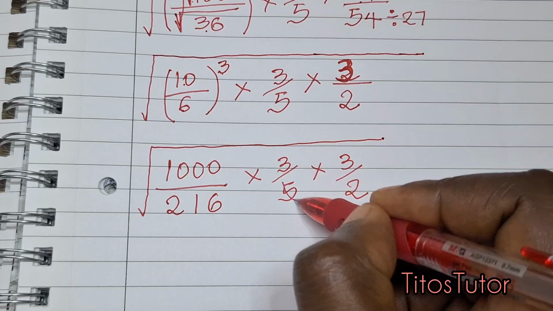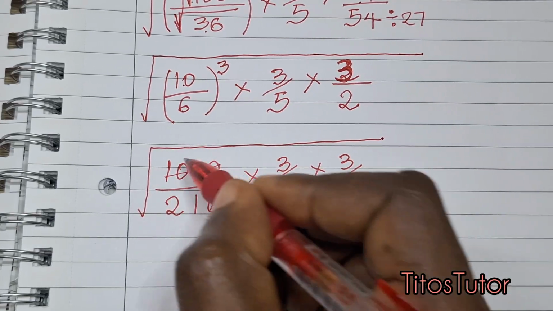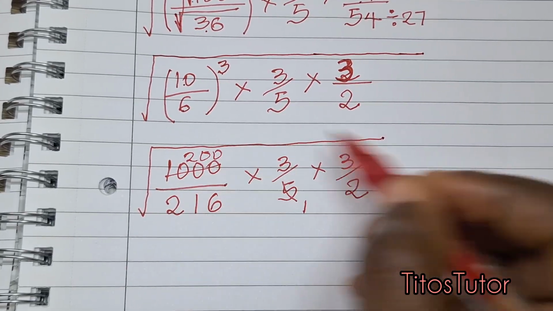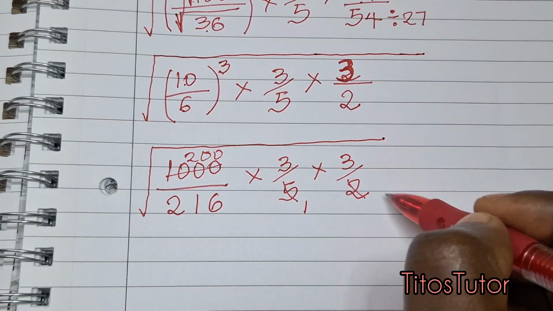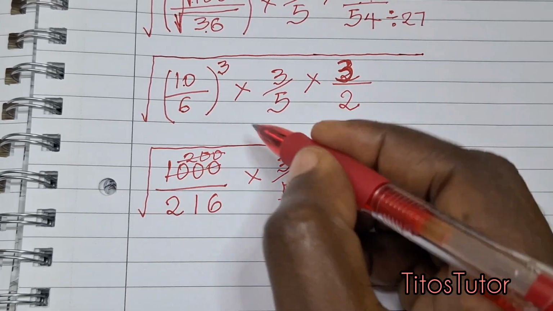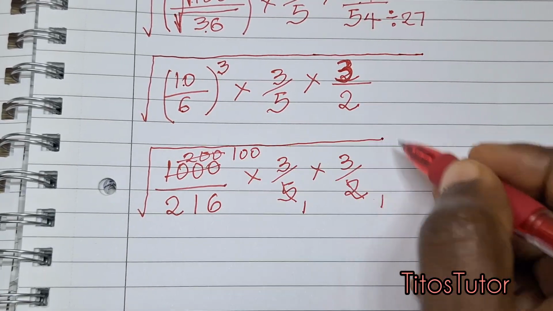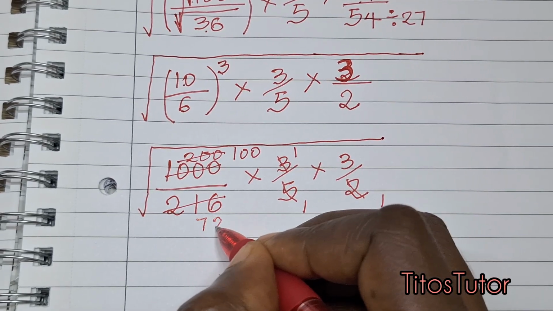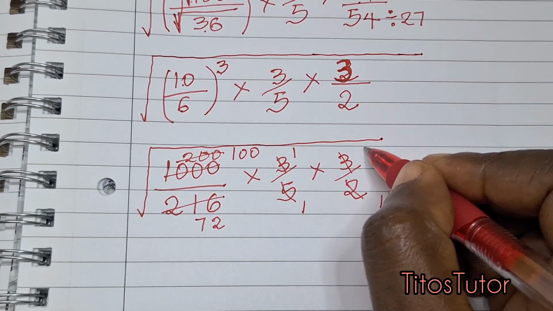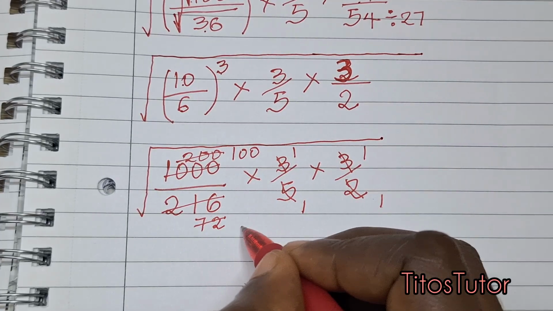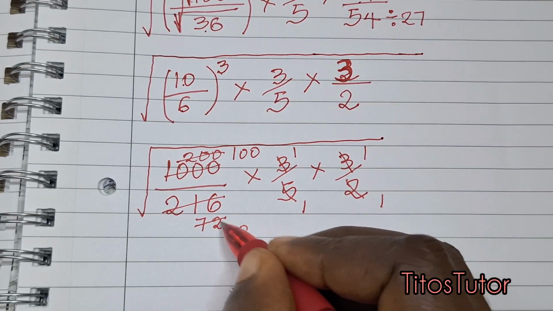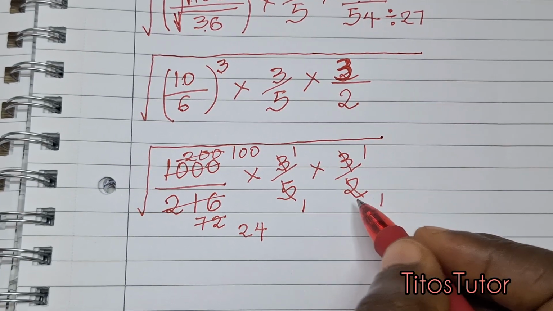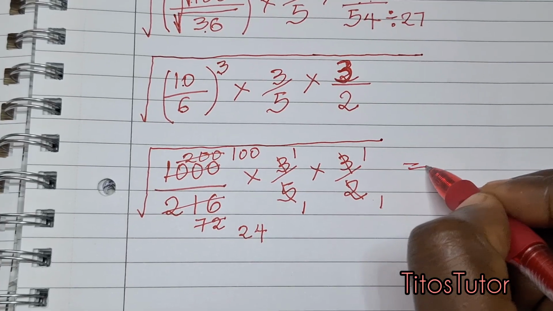Let's go. 5 here 1, 5 here 200. Can you see? 2 here 1, 2 here 100. 3 here 1, 3 here 72. Can you see? 3 here 1, 3 here 24.